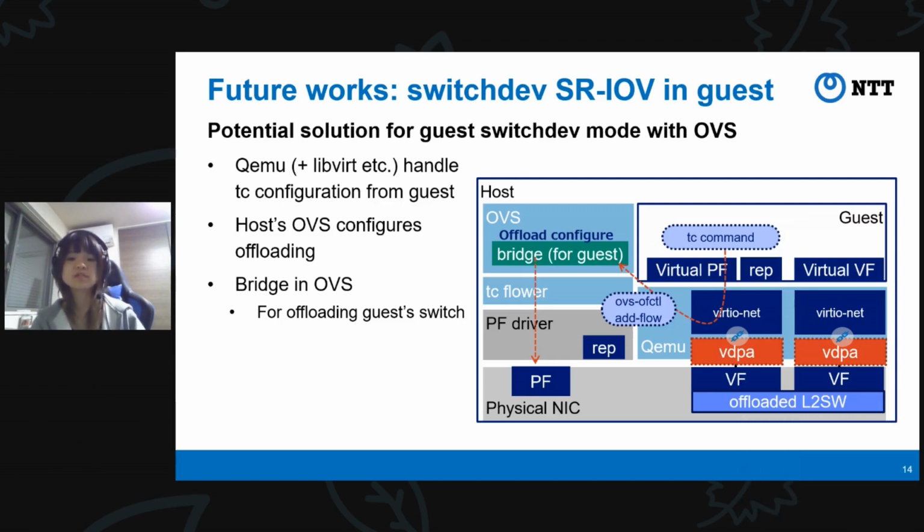When getting a TC command from guest, QEMU or libvirt sends OVS it as an ovs-ofctl command. Then host OVS controls offloading, and the bridge in OVS might be for offloading guest switch.